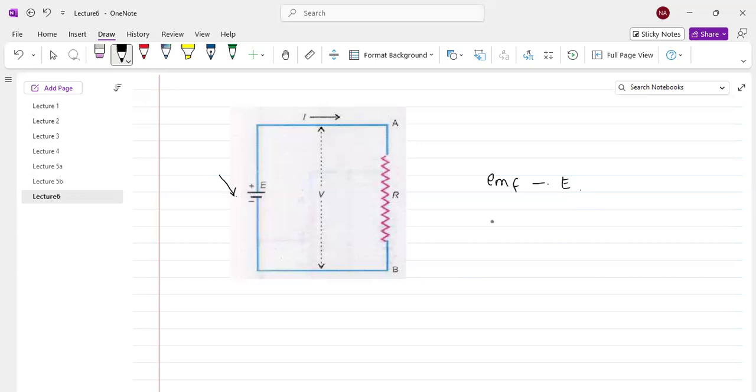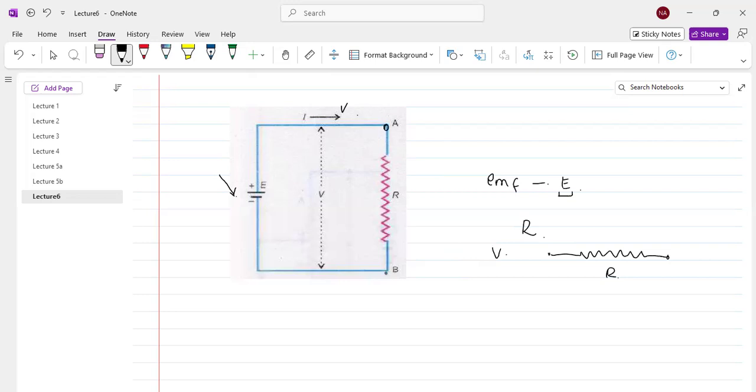And we say that when a battery of EMF E is connected across a resistance whose total resistance is R, a potential difference V is created across the ends of the resistor R. As a result, current I flows through the resistor.